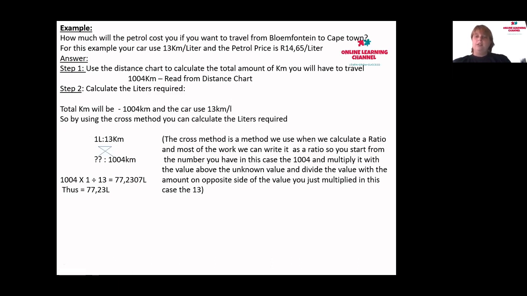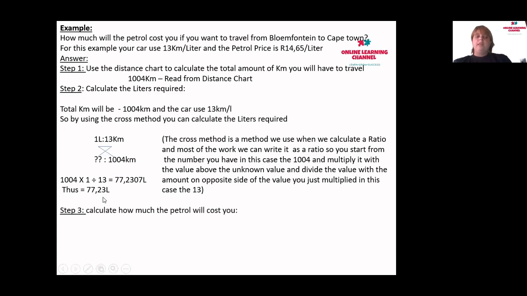How am I going to calculate it? I'm going to say 1,004 multiplied by 1 divided by 13 kilometers. That is your cross method. That will give you 77,2307 liters. Remember, we always have to round off liters to 2 decimals. So your answer is going to be 77,23 liters.